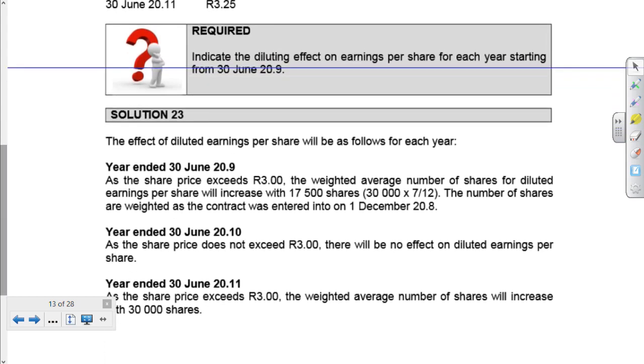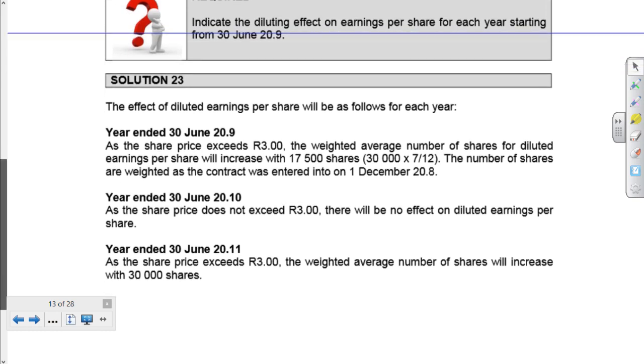In the second year, we will not include it because it doesn't exceed 3 Rand. And in the third year, it exceeds 3 Rand. And you'll see here, we don't talk about including it in diluted. We just talk about including it in the weighted average number of shares because now it's going to go into basic. But this one I've never ever seen in an exam. But it's also easy if it is there, isn't it?